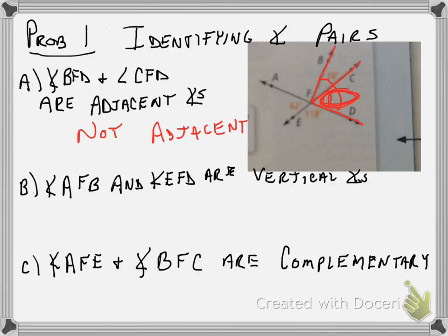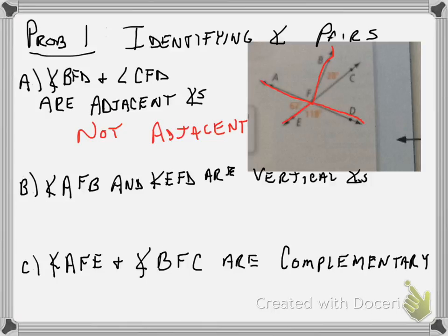Okay, if you look at B, what B is asking is, are angle AFB and angle EFD vertical angles? Okay, so let me erase this off here. So we talk about AFB and EFD.